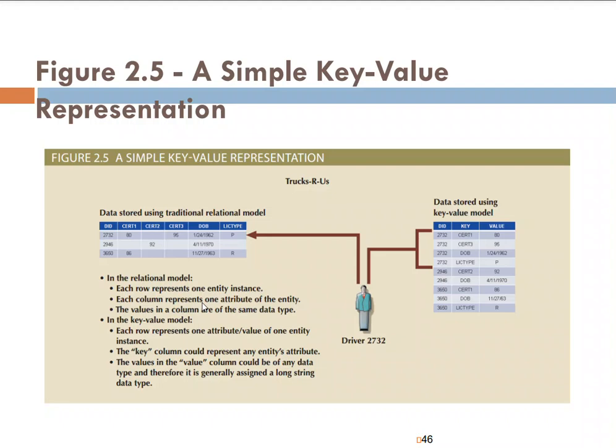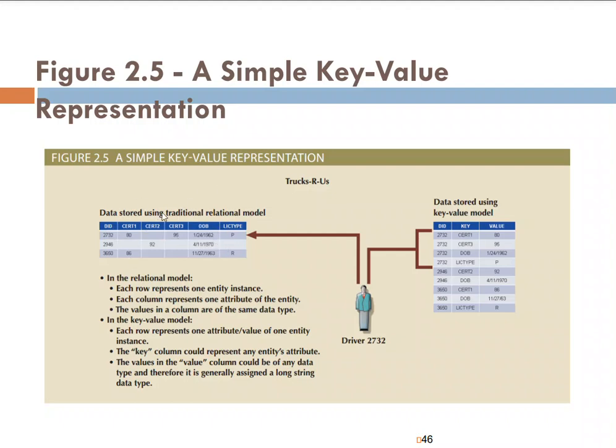Each column represent one attribute. Satu column melambangkan satu attribute. Okay, contoh date of birth, I'm not sure, the license maybe, type. Okay, this is about truck. Okay, maybe the driver.